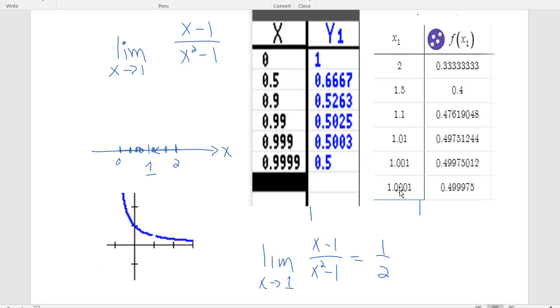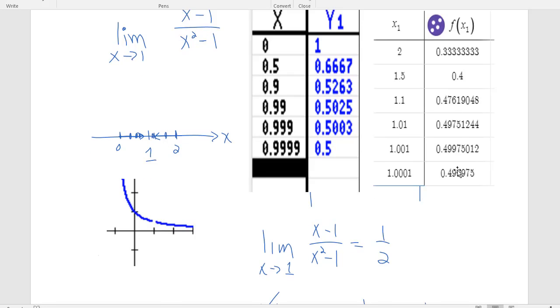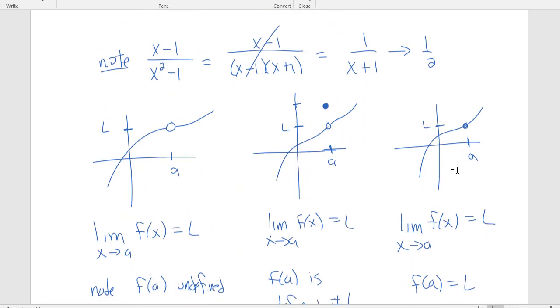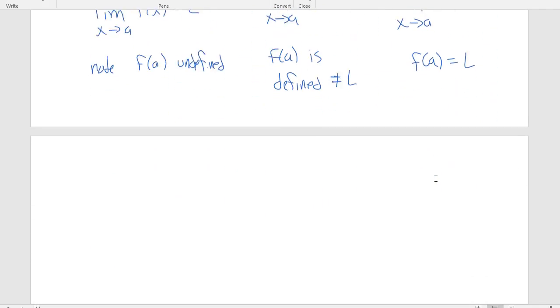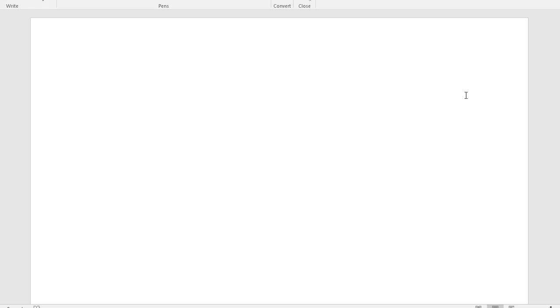We approached x equals 1 from the right, we saw the y values trying to get to 1/2. So we talked visually about what the possible scenarios might look like, but that example also introduces notationally what we would call a left hand and a right hand limit.